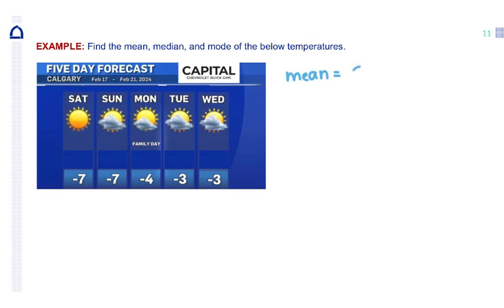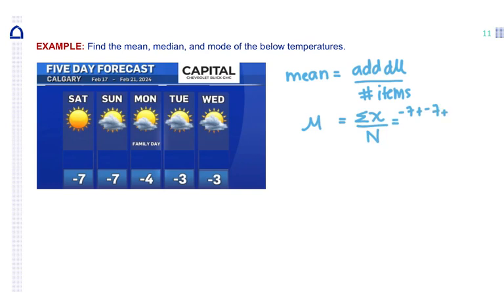You add all the data points and you divide by the number of items, or if we're going to write this in formal math, we will write the sum of all data points divided by the number of data points. So in this case, -7 plus -7 plus -4 plus -3 plus -3, and there are 5 data points. So we will get the mean.